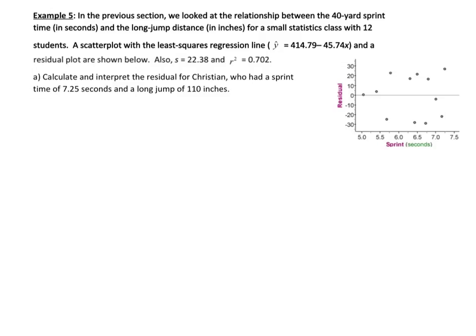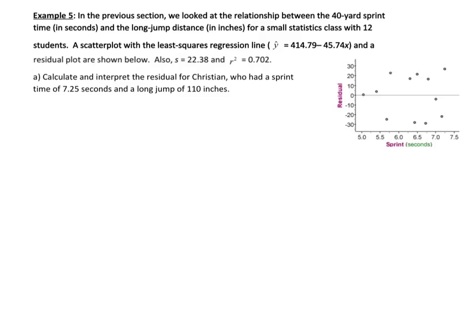So now we're going to do an example that includes a little bit of everything. This has to do with the long jump and sprint time example that we did in the previous section. We are going to start by using the linear regression line that they gave us.